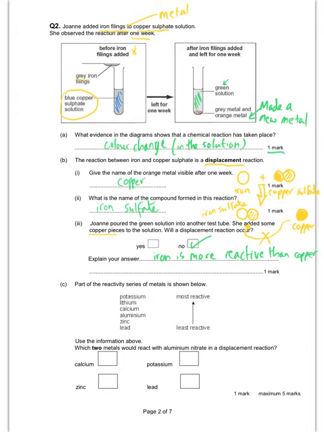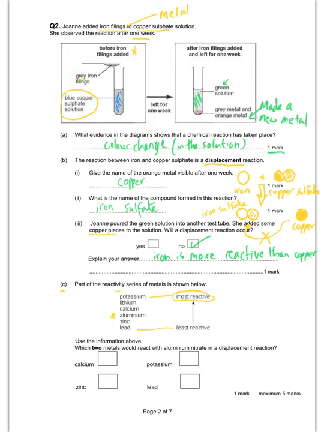Then we've got a different part of the reactivity series here in C. We've got the most reactive at the top, and that's typically how you show it, and the most reactive is potassium, and the least reactive from this section is the lead. So use the information above. Which two metals would react with aluminium nitrate in a displacement reaction? And so the metals have to be able to react and take something away from aluminium, and aluminium is here.